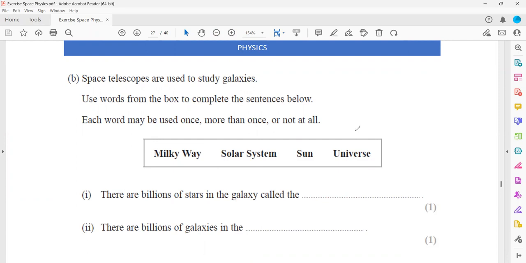Billions of stars in the galaxy, what do we call that? So we call that the Milky Way. Then there are billions of galaxies in the universe.